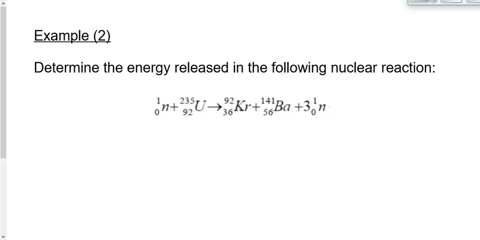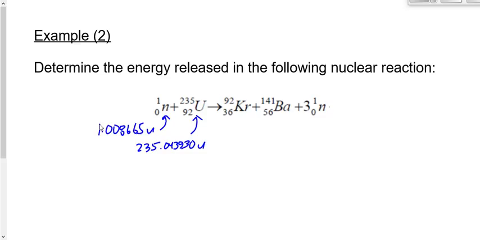Here, we're going to look at that sheet that we had all the information on. We're going to see that a neutron has a mass of 1.008665 atomic mass units. Uranium-235 has a mass of 235.043930 atomic mass units.